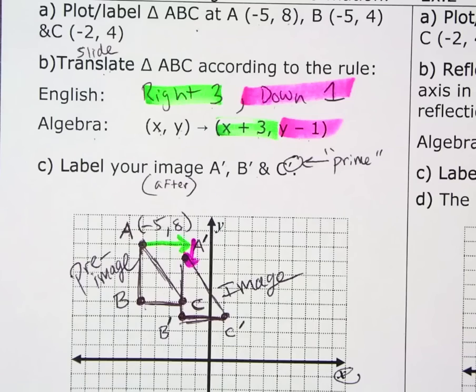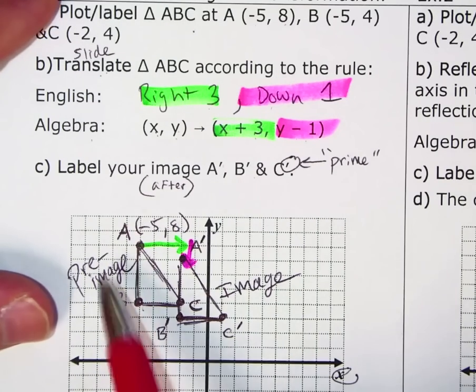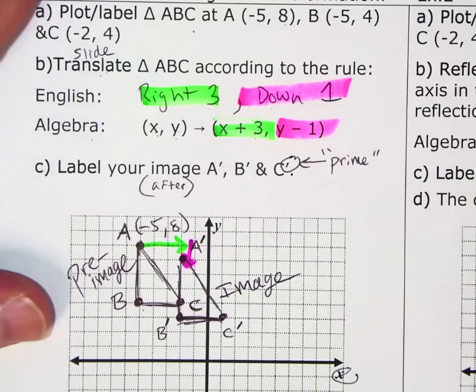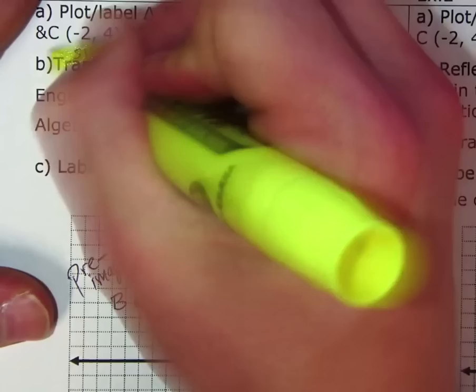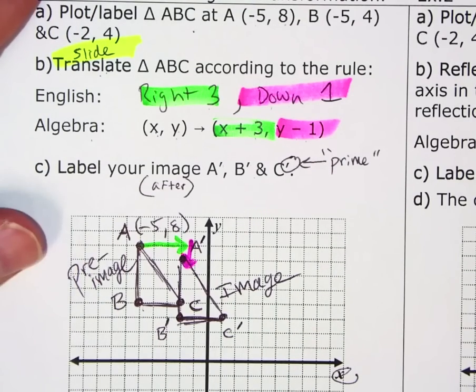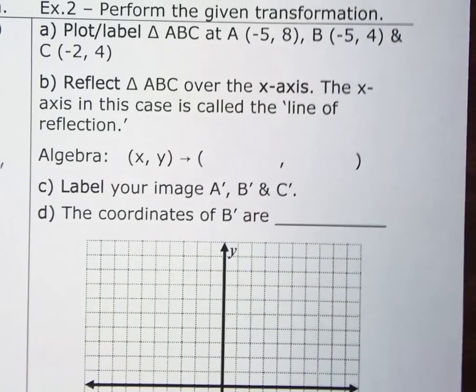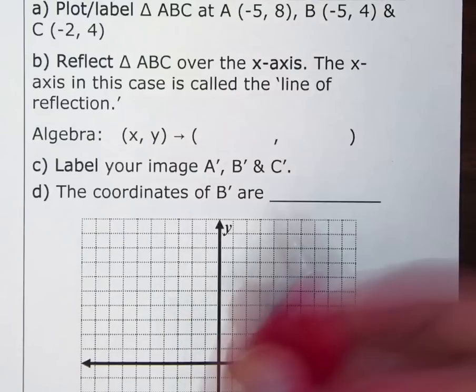Okay? So we can go ahead now, and instead of translating by sliding, we're going to do another transformation, which is called a reflection. We're going to plot the exact same triangle. I'll do that quickly.